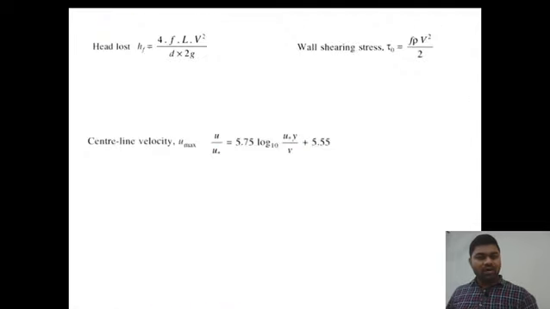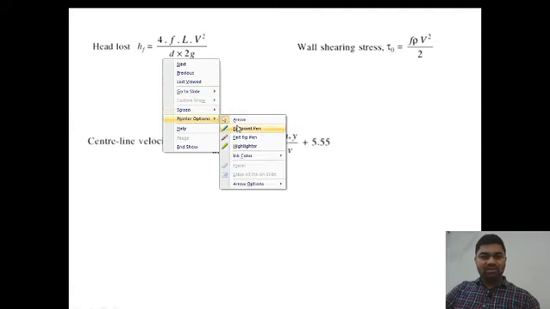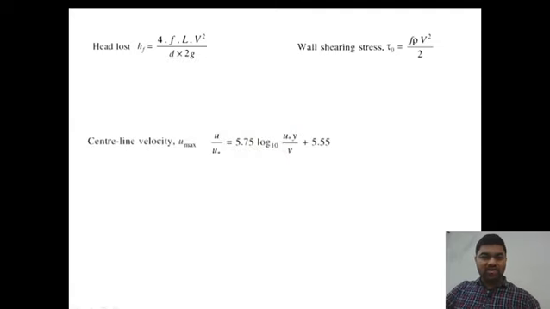The formula for head loss is Hf equal to 4f L V square by D into 2g. What is f? F is the coefficient of friction, L is the length of the pipe, V is the average or mean velocity, D is the diameter and g is the acceleration due to gravity.